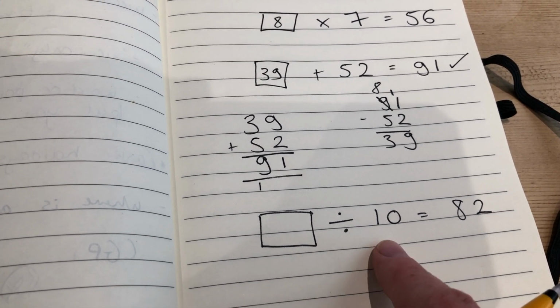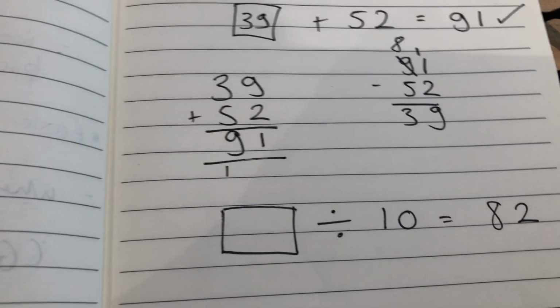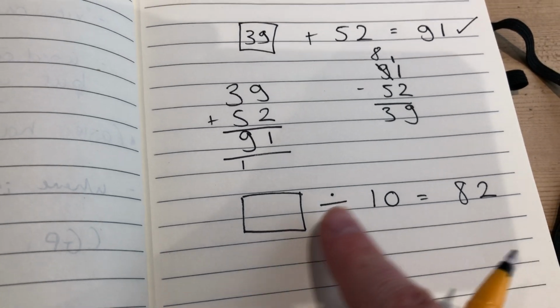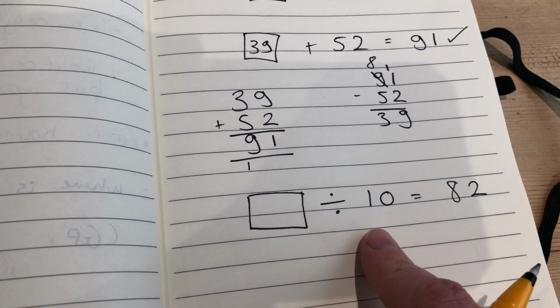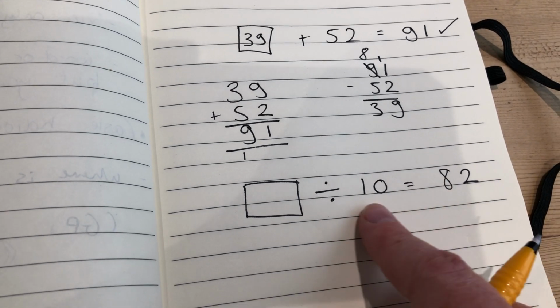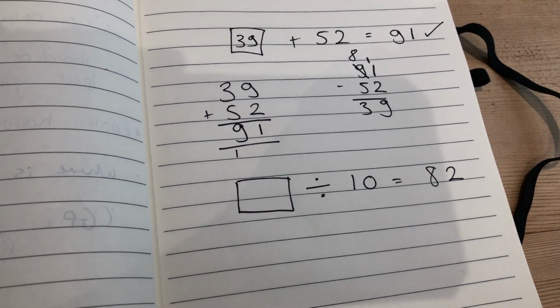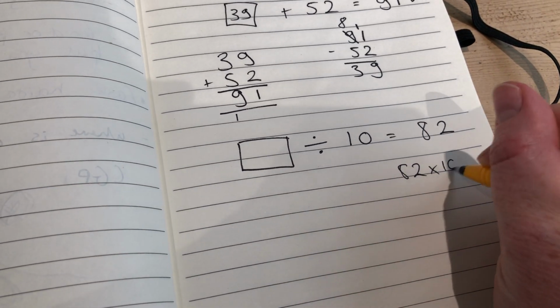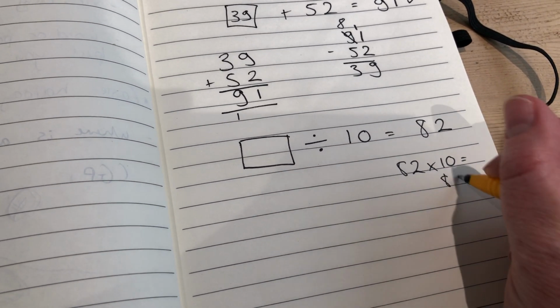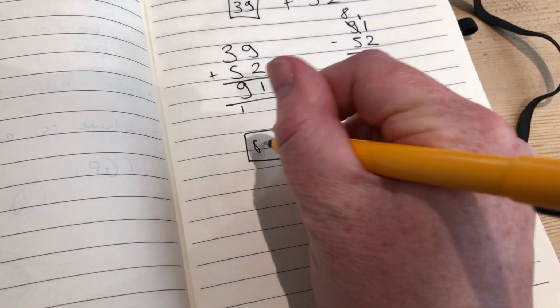When we divide by 10, our number becomes 10 times smaller. So what do I need to do to my answer? What's the inverse operation? I need to make it 10 times bigger. I need to times it by 10.